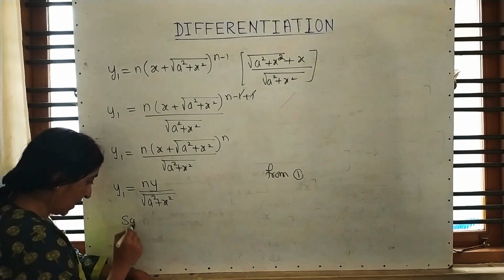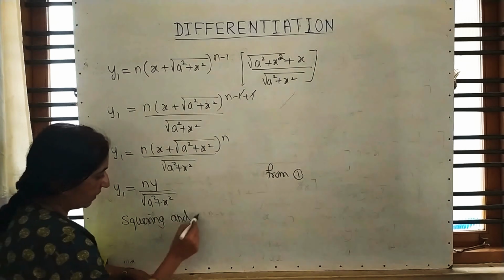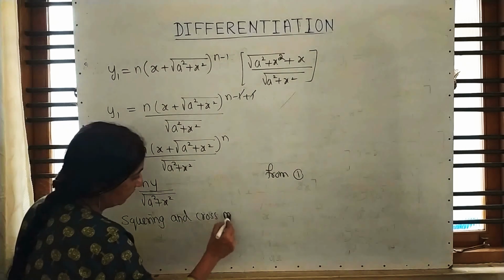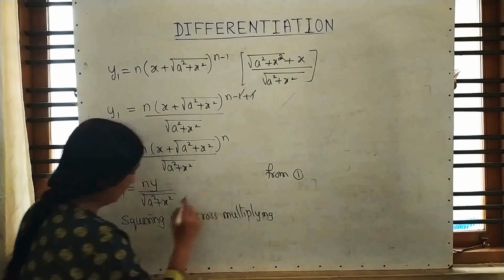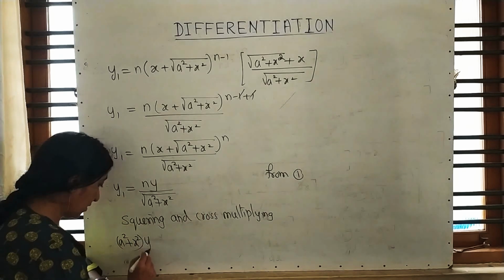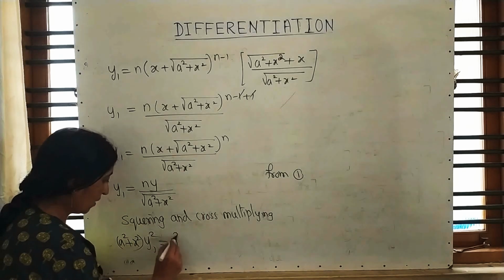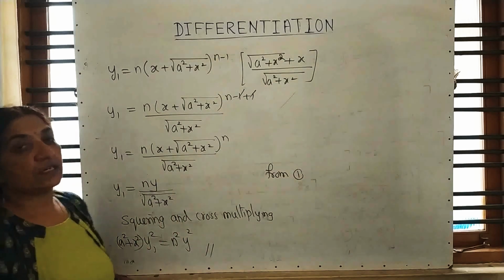So squaring and cross multiplying. This is a square plus x square, y1 square is equal to n square y square. So this is the required answer.